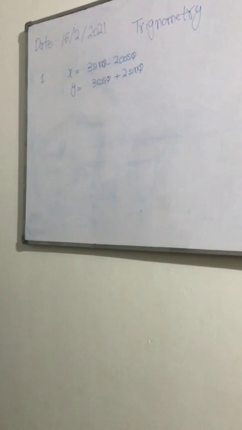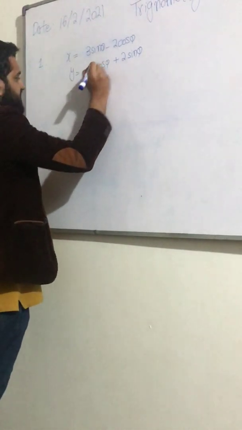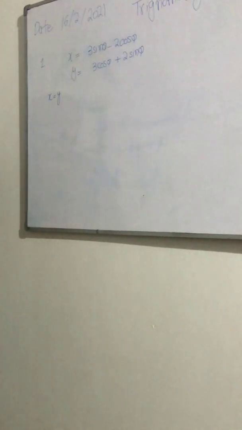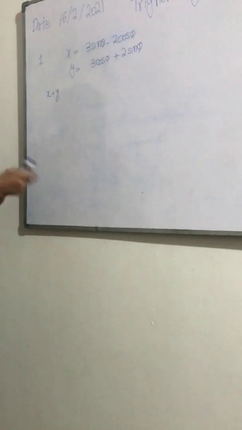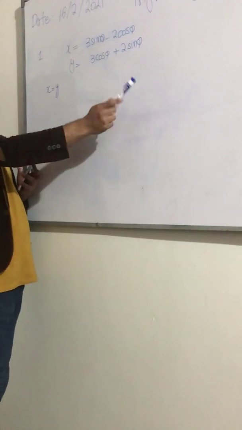Now beta, they have given that you have to find the value of acute angle theta for which x equals y. So the condition they have given in the question is that x is equal to y. As you can see from the board, x equals 3 sin theta minus 2 cos theta, whereas y is equal to 3 cos theta plus 2 sin theta.